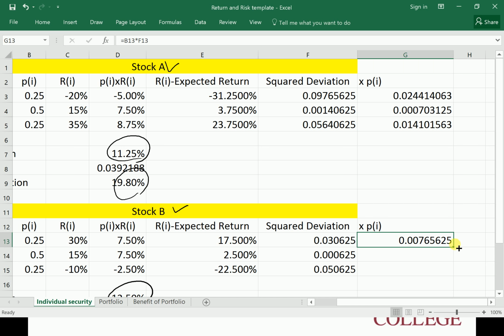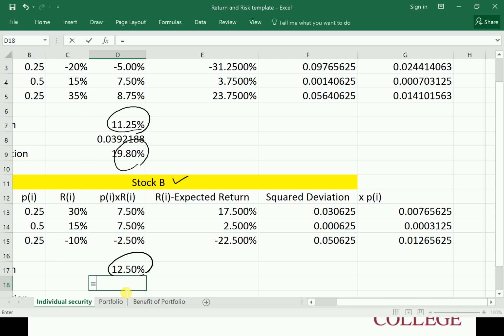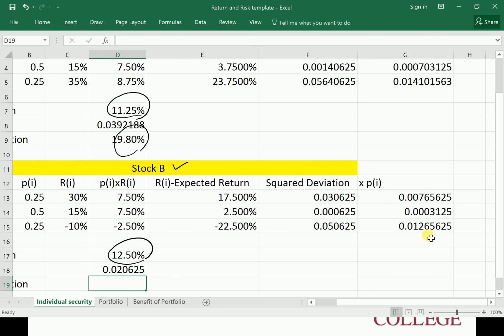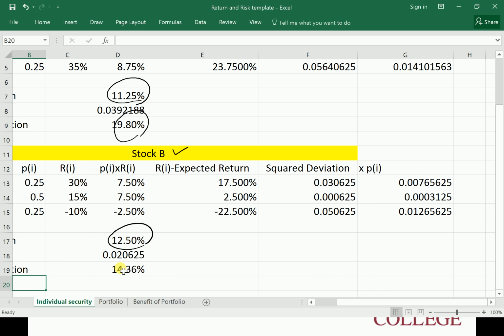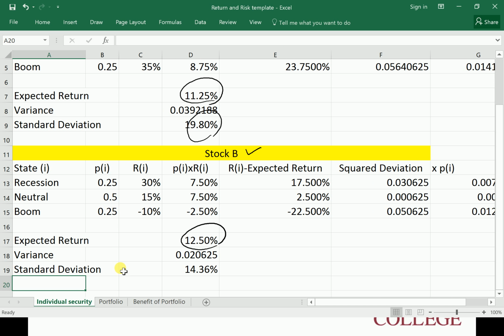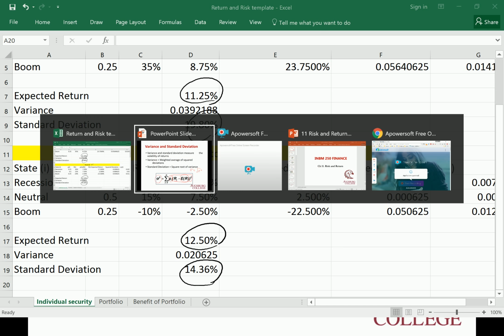Again, copy. The variance will be the sum of these three. And the square root of this variance will be the standard deviation, 14.36%. So that's how to compute the standard deviation. So you easily get the expected return and the standard deviation.